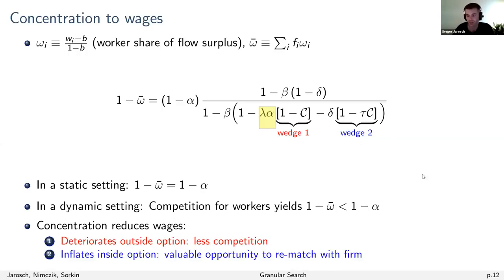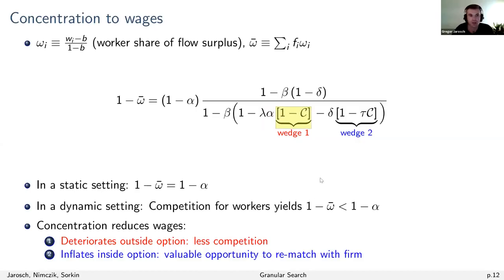A second piece captures that what the firm does is also inflating the inside option. But I don't want to get into too much detail here because I omitted a couple of things, and I have 15 to 18 minutes. Anyway, the important piece is this here, and you can see how it acts.